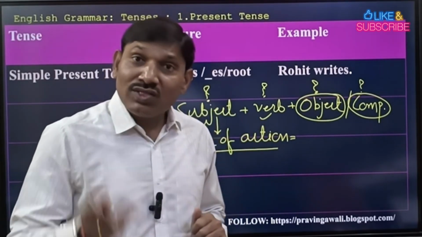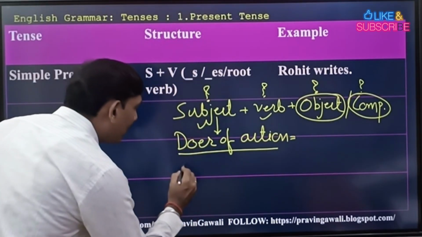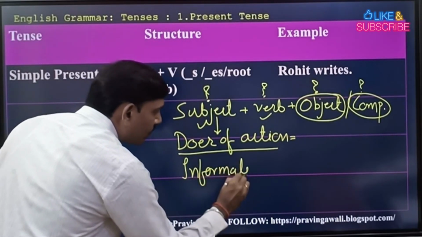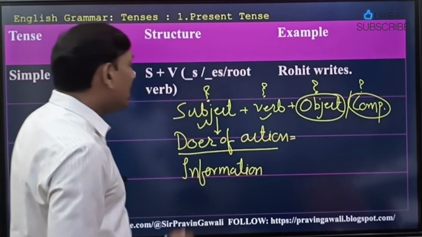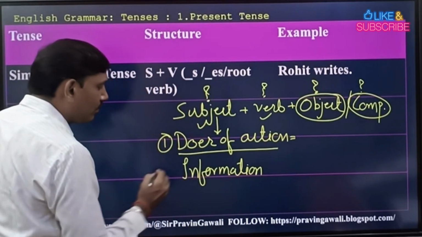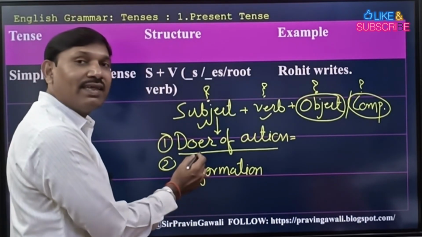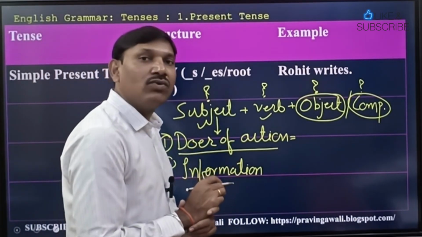So that information is called what? Subject. The thing about which we are getting information is called the subject. It means that subject defines two things. One is the doer of action, and the other one is the thing about which we are getting the information. For example, now students, here a short example I would like to give you.